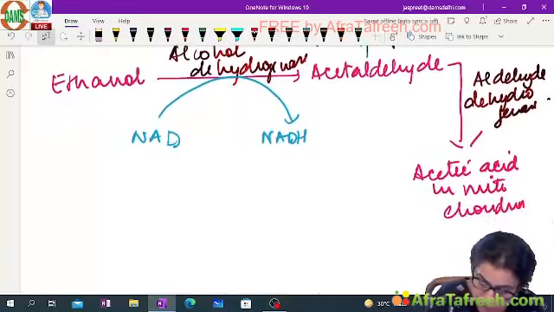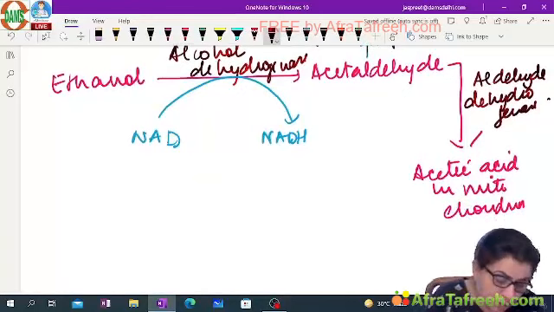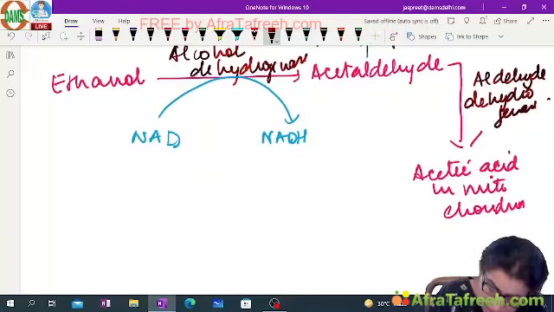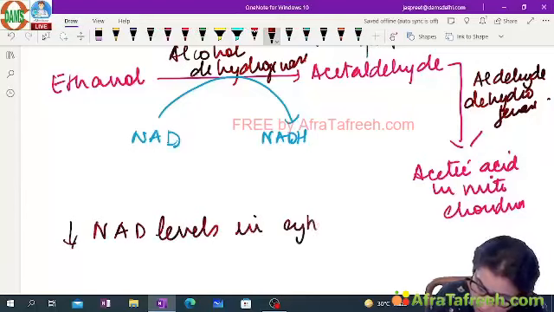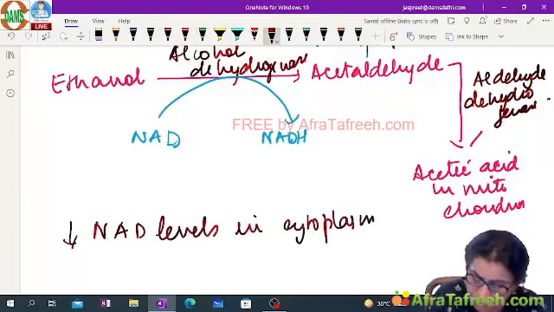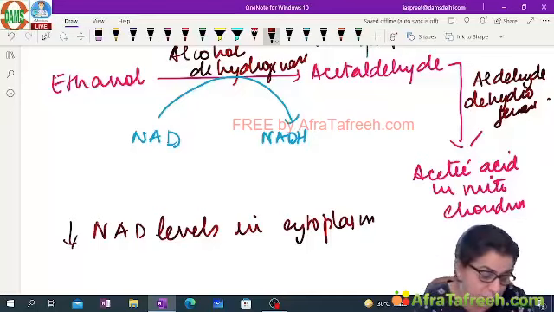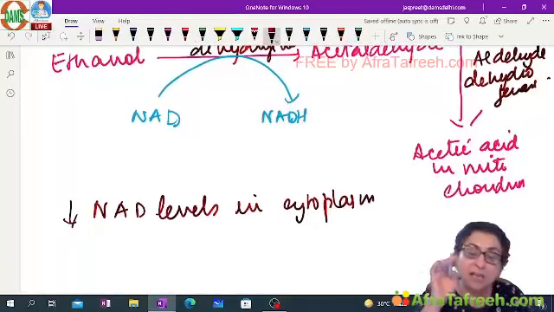So NAD gets converted to NADH. Therefore NAD is reduced, so there are decreased NAD levels in the cytoplasm. And NAD plays an important role in fatty acid oxidation.